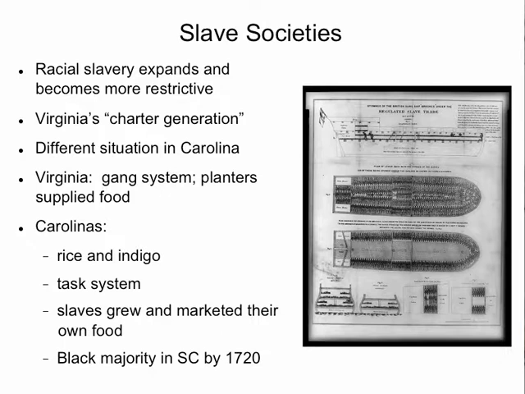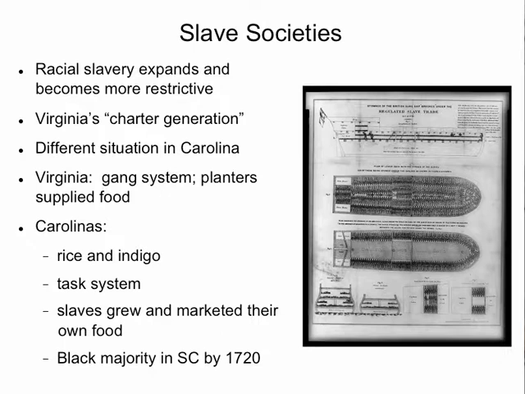And so, let's say you finished at 2 o'clock, then you would get to go back to the slave quarters. By the way, Carolina slaves lived in separate slave quarters, did not interact very much with white people. That was another factor that enabled them to maintain their African heritage more fully than Virginia slaves. But in any case, you were allowed to go back to the slave quarters.